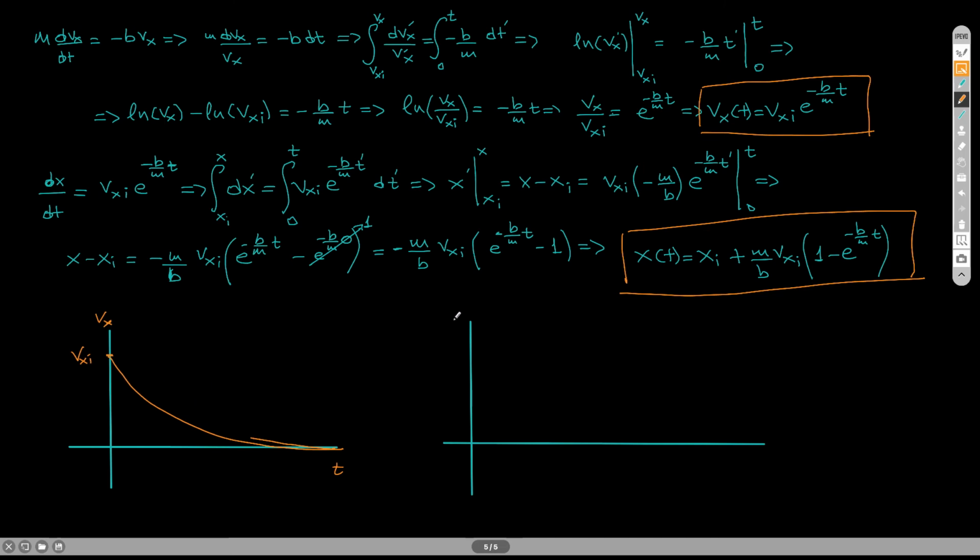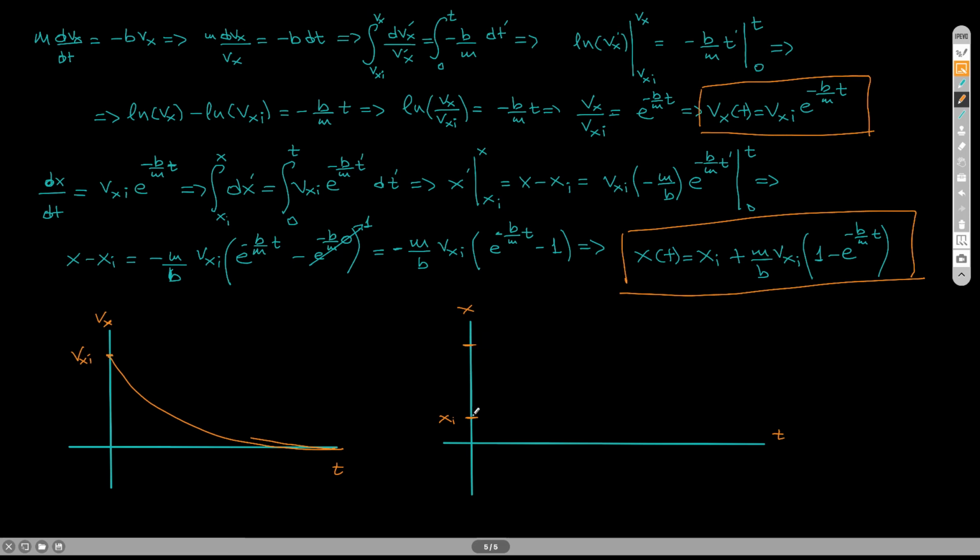Now, for x as a function of time, of course, I start from x initial. When t is 0, this is 1, so this goes to 0, and x equals x initial, as I mentioned. Now, when t becomes large, e to the minus a large number again becomes very small. 1 minus a very small number is equal to 1. So x initial plus this is going to be a constant.